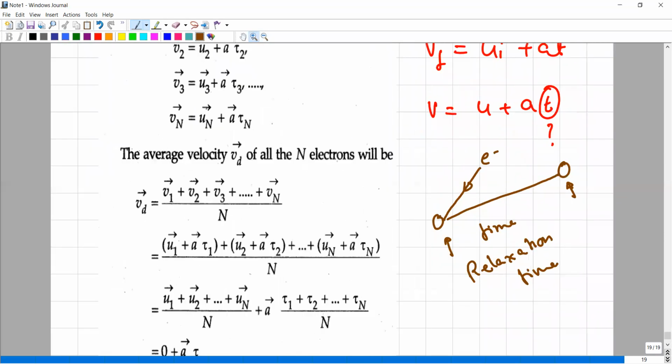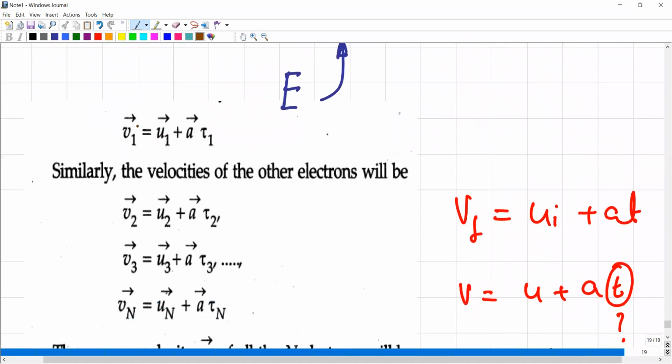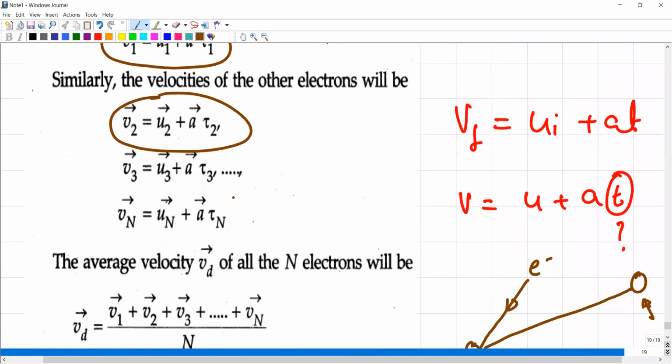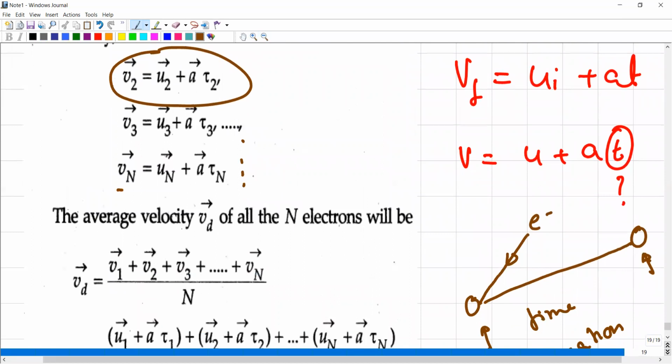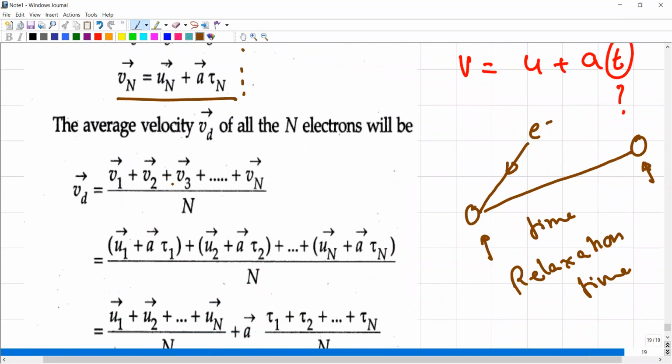Now if you go through this whole derivation, this is the velocity of the first electron, this is the velocity of the second electron, and you can calculate the velocity of the third until the nth electron. Drift velocity, as I said, is the collective velocity of the electrons.